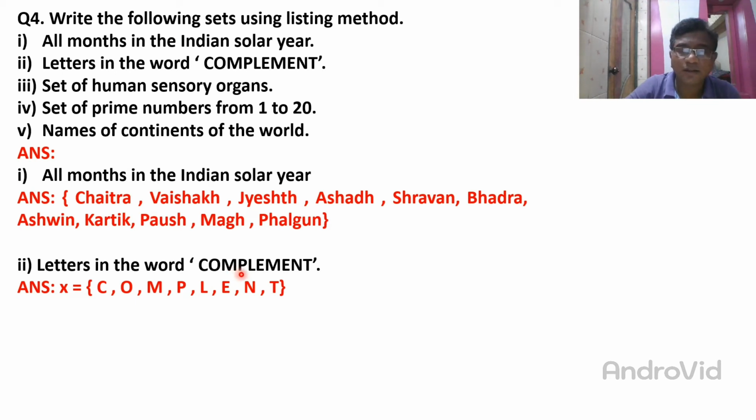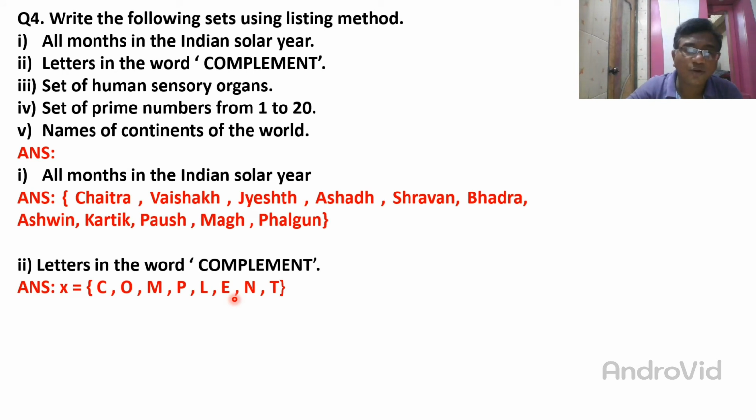Then P, so I write P single. Then E, E is single time, so I write here E. Then N, so I write here N. And T. Such a way. So which letter is coming 2 times? This E coming 2 times, so write it a single time. Okay.